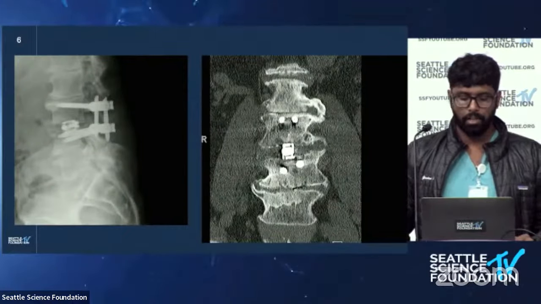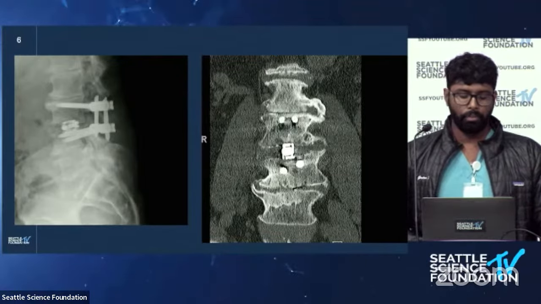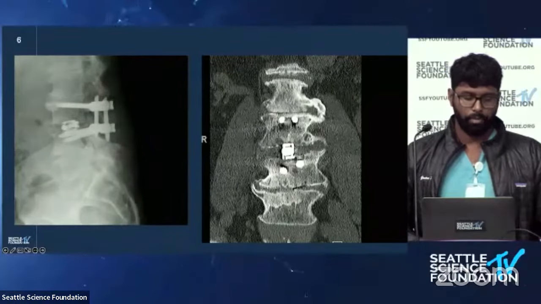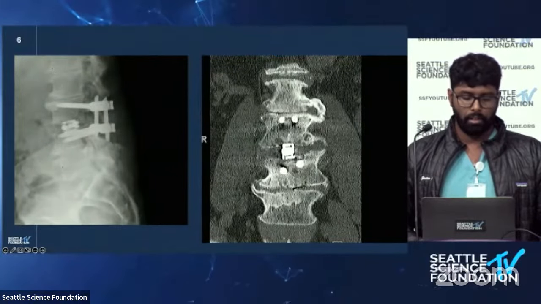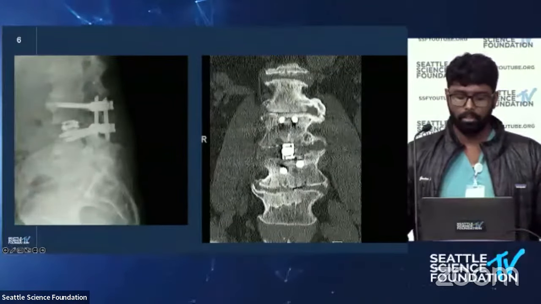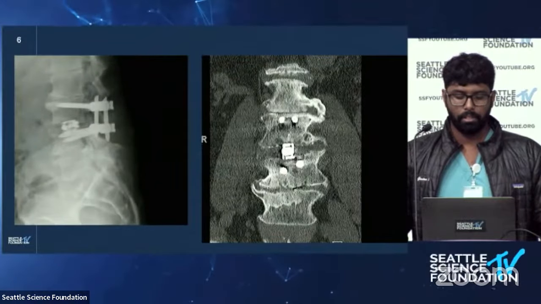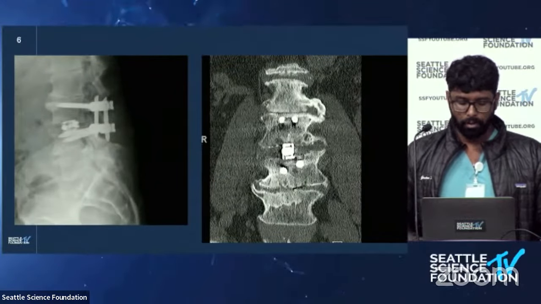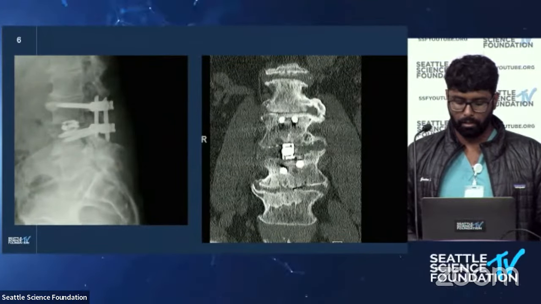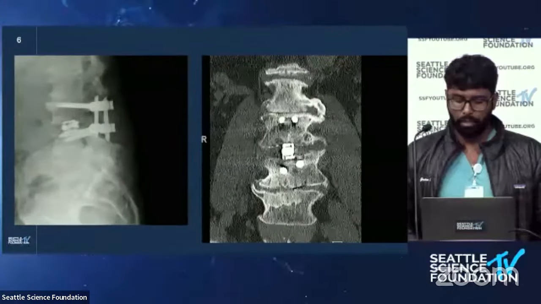You can see here on the lateral standing films he already has some bridging osteophytes anteriorly, and on the coronal CT scan you can see he also has some lateral bridging osteophytes. That's pretty common for these hyperostotic issues. So we were following him for a while.